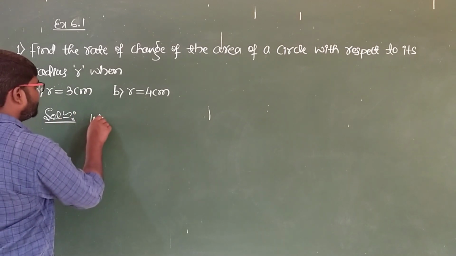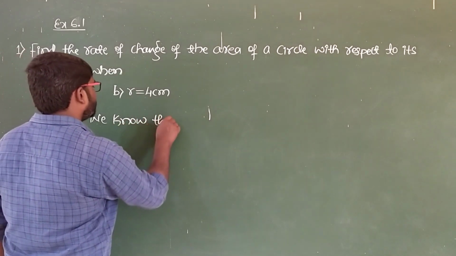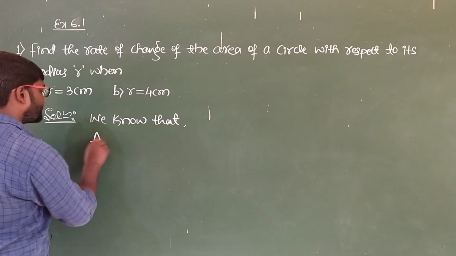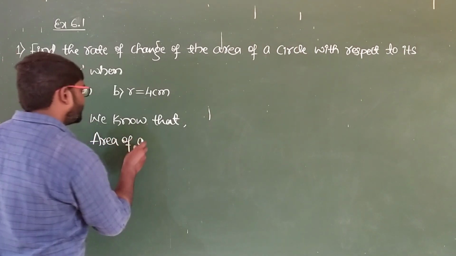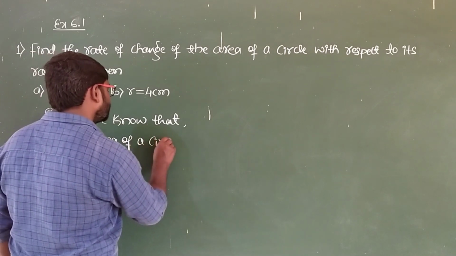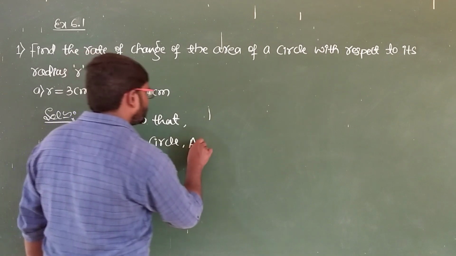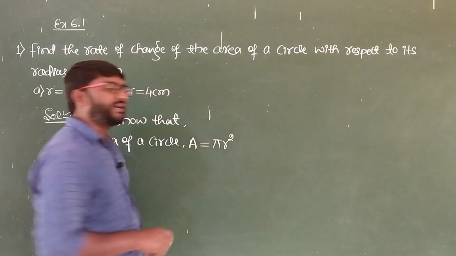We know that area of a circle A equals pi r square.